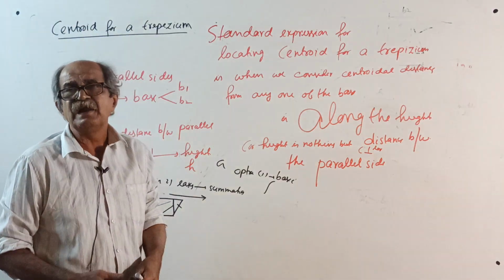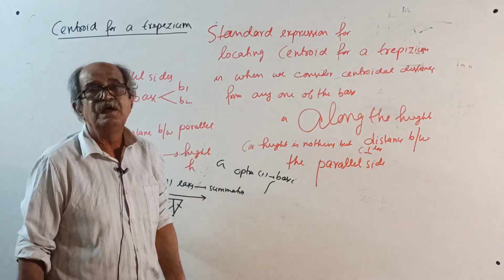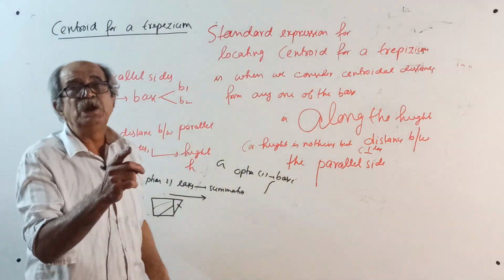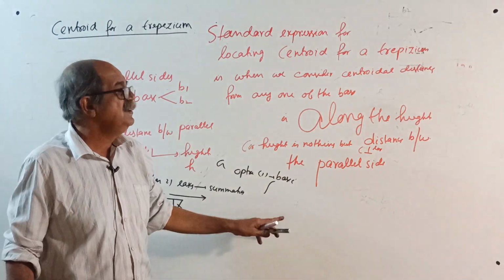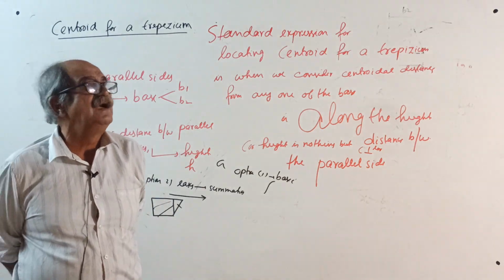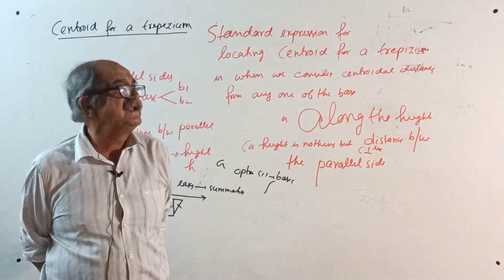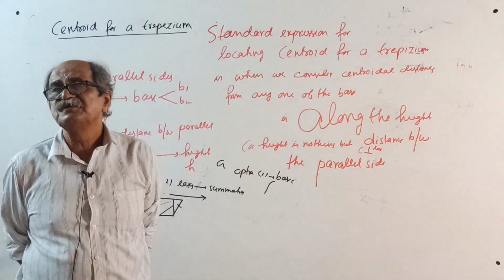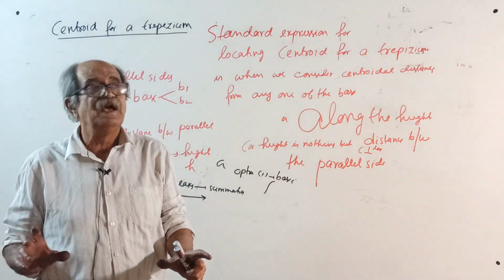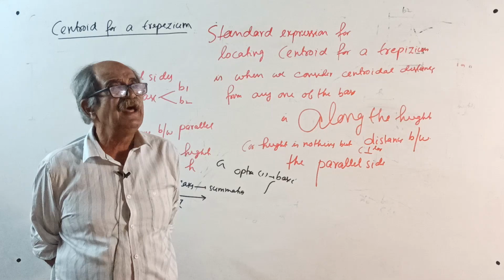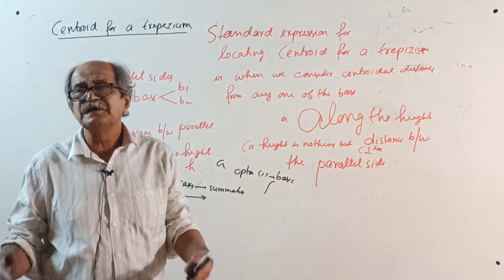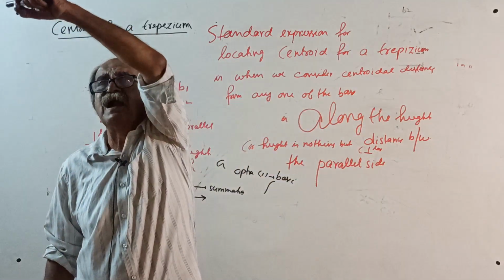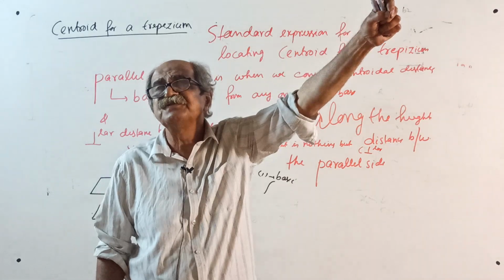It does not matter, because in the expression that offset will not come. Only B1, B2 and H will come. So it does not matter whether you get a rectangle and two triangles, and whether those two triangles are the same or different in size, or a rectangle with only one triangle. One parallel side is B1, the other parallel side is B2, you can call them bases.